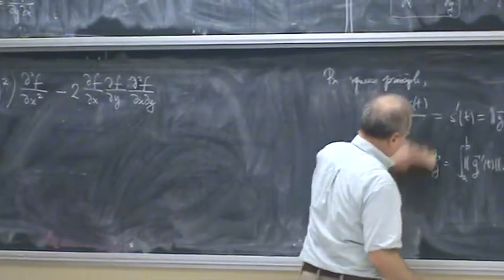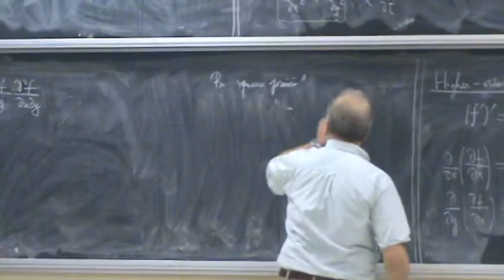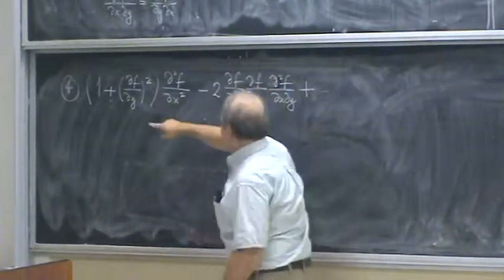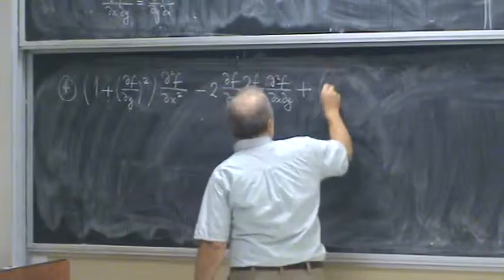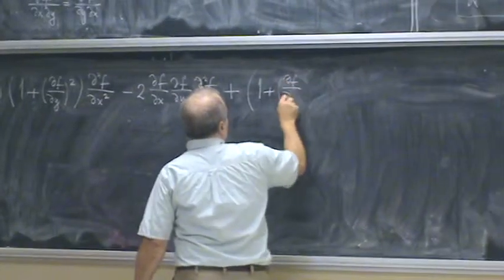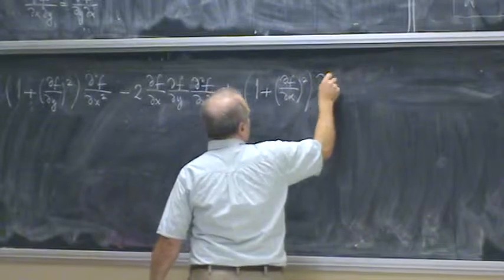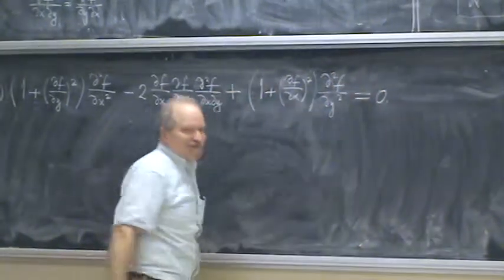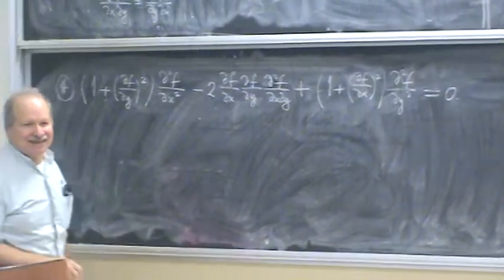We're not done. Plus the symmetric term to this: 1 plus the partial with respect to x, quantity squared, times the second partial with respect to y. Deep breath. Equals 0. That's right.